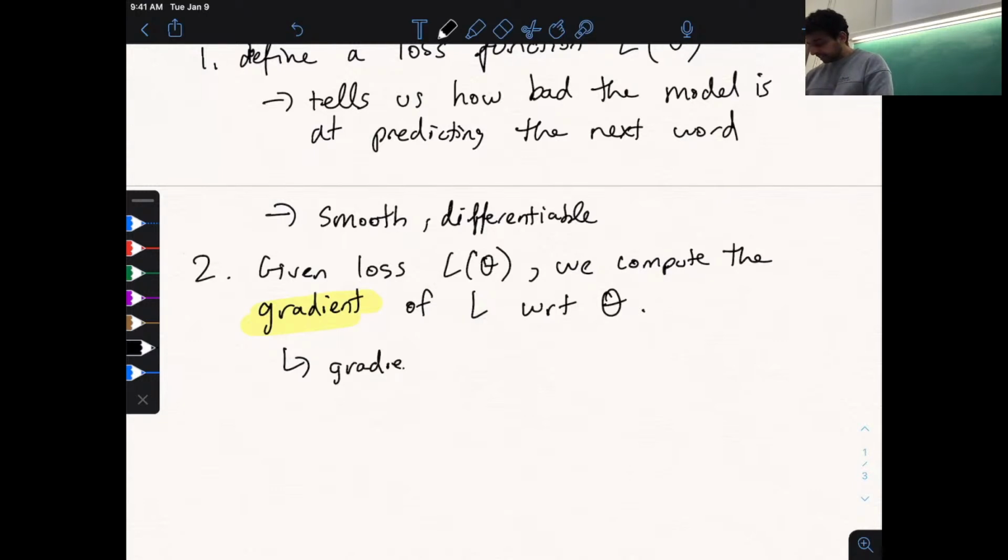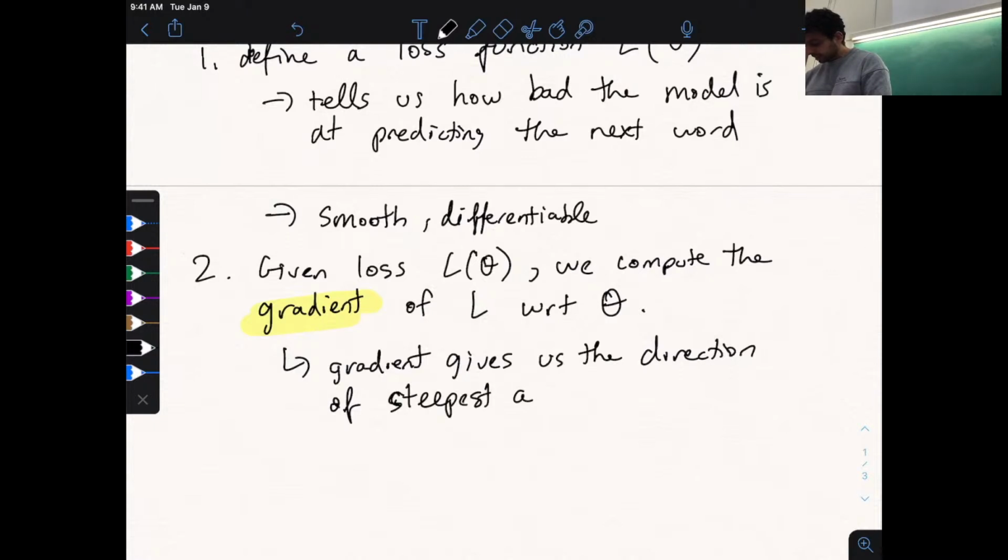The gradient gives us the direction of steepest ascent of the loss function. So it tells us at this point, what direction do I need to take a step in to maximally increase the value of this loss function?